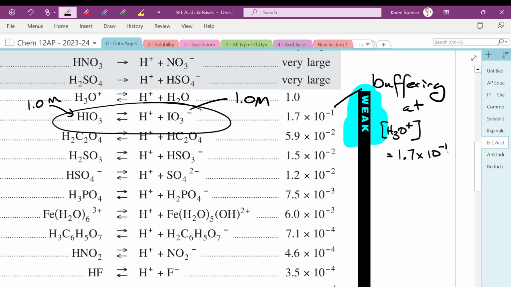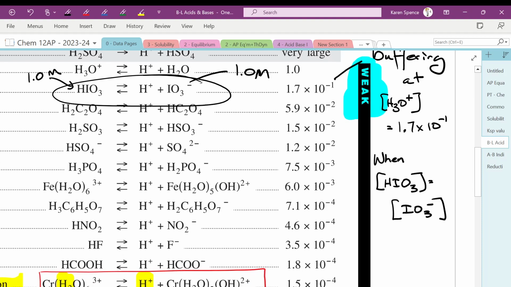Because if you remember, when the concentration of HIO3 is equal to the concentration of IO3 minus, what else is true? The concentration of H plus, this is our half equivalence point, is equal to Ka. And that's what we've done here.